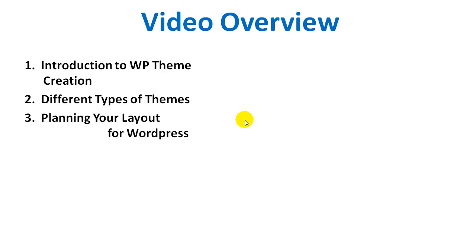Video number three, we're going to talk about planning your layout for WordPress. So I'm going to show you how different markets have different layouts. And I'm going to show you different WordPress only layout examples. I'm going to show you layouts that won't work for WordPress, so you have an idea of what's working and what doesn't work. And in video number four, we're going to talk about designing your layout for WordPress.